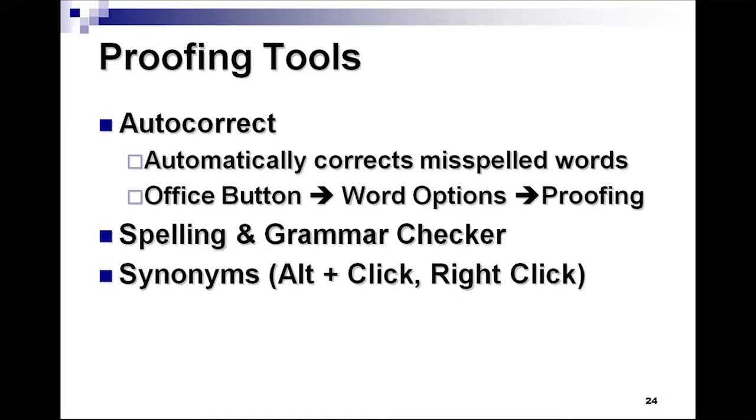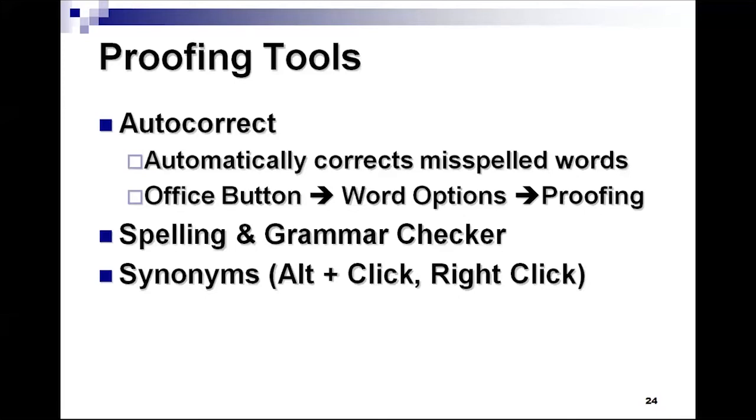For proofreading, Word has given options like proofing tools. Under proofing tools, we can discuss the autocorrect option, the spelling and grammar checker, and synonyms. These three tools I will discuss. First one, autocorrect. That means when you type your text or create your document, this tool automatically corrects misspelled words.